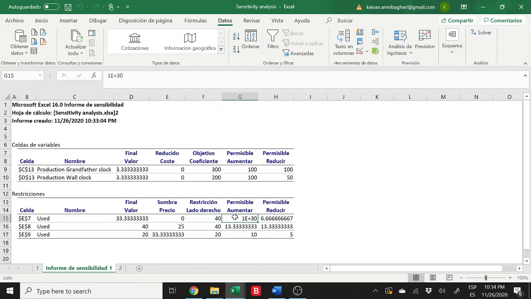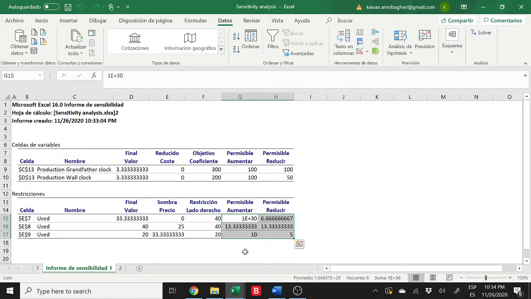And you see here, when we were talking about the allowable range, it gives us for each right hand side, attention, when we are talking about right hand side, we are talking about the matrix B. It says what is the allowable range of the change in our right hand side.